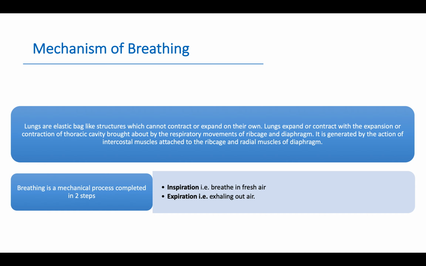While we are breathing, you can feel the movement of the rib cage and diaphragm during inhalation and exhalation. It is generated by the action of intercostal muscles, which are attached to the rib cage, and radial muscles, which are attached to the diaphragm.